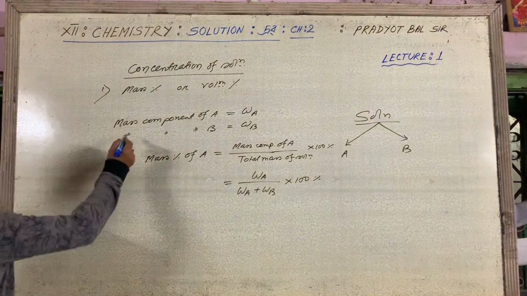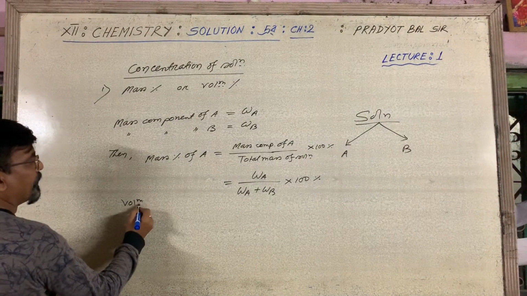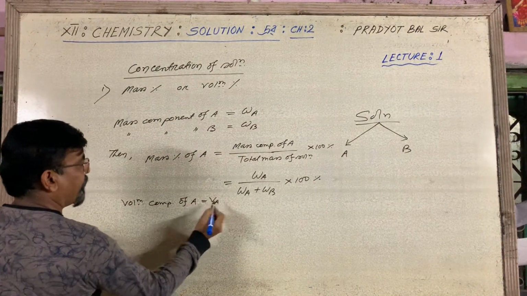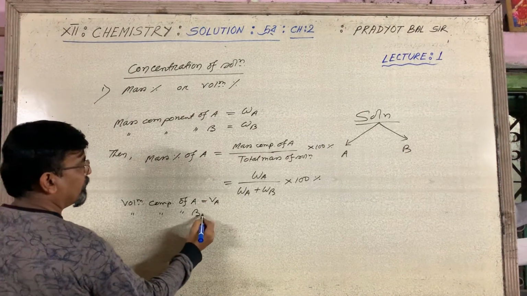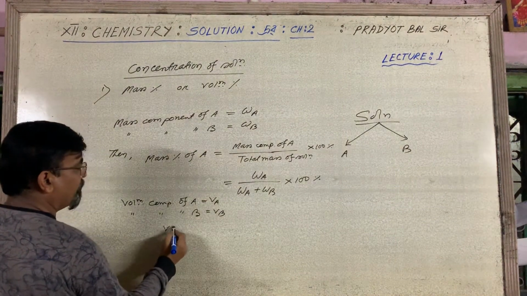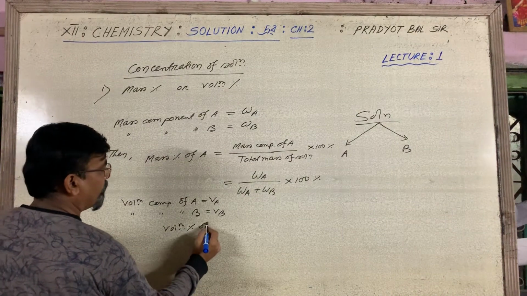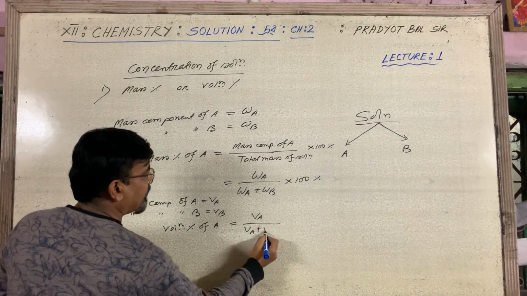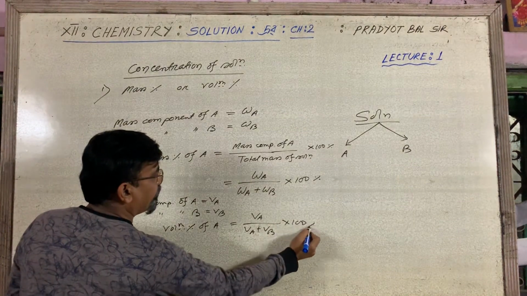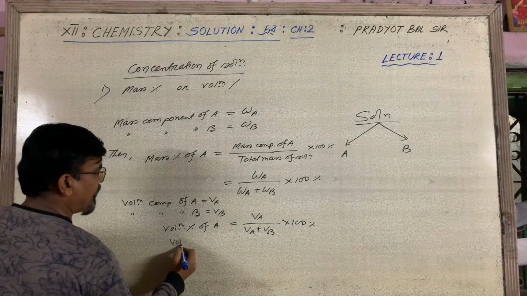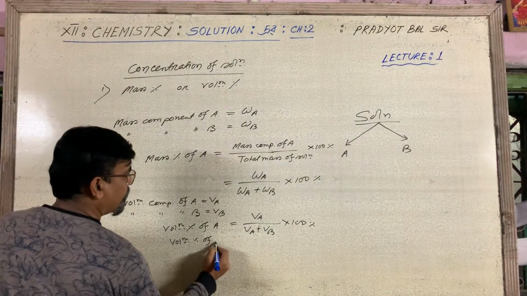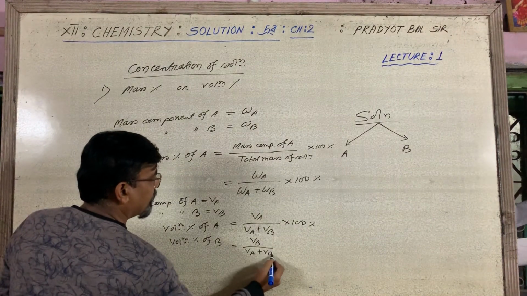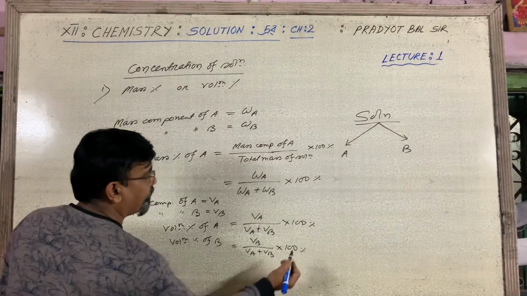Similarly, instead of mass component, if I say volume component of A is VA and volume component of B is VB, then volume percentage of A will be VA by VA plus VB into 100%. If it is asked that you find volume percentage of B, then it will be VB by VA plus VB into 100%.